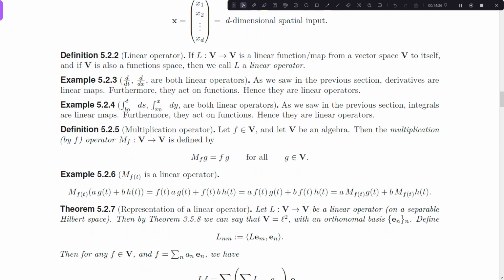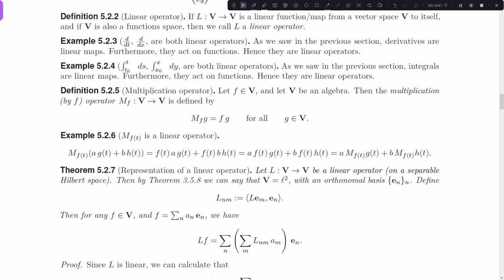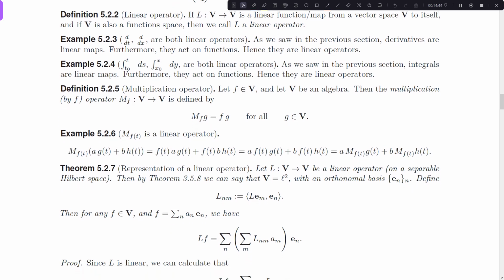All right, so this theorem is probably the only important piece of this chapter, and that's the representation of a linear operator. When I say representation, there's actually an entire field of math called representation theory, and that's kind of what we're invoking here. Representation theory is the act of taking a mathematical object and representing it by a matrix, or representing it technically by a linear map on a vector space. But what we're going to be doing is taking a new perspective on a linear operator, right?